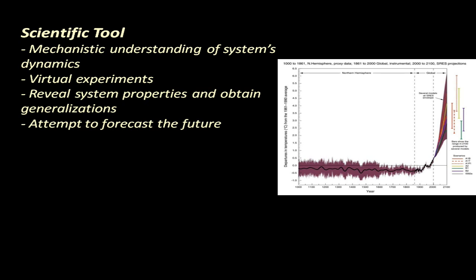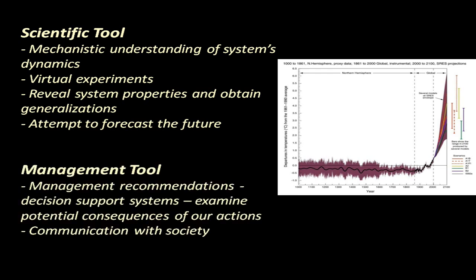And in relation to that, apart from being a scientific tool, that information that you derive from the models can now be used for management. So you have recommendations coming from what you gleaned from the model, and one of the popular terms now for this sort of application of models is decision support systems. You can now examine potential consequences of our actions using these models.